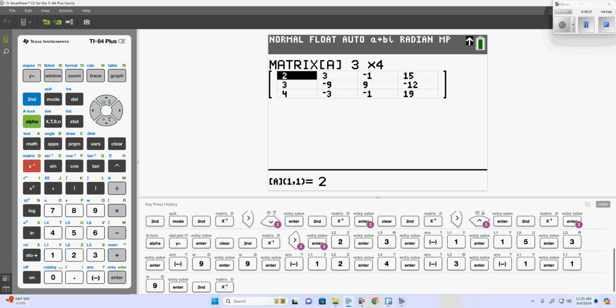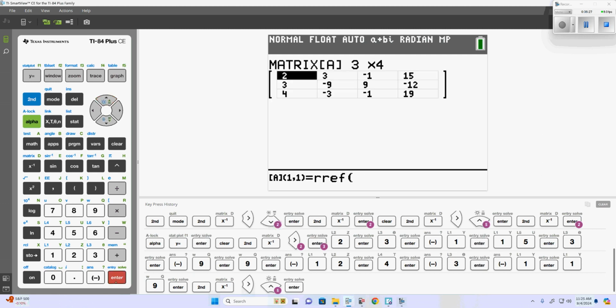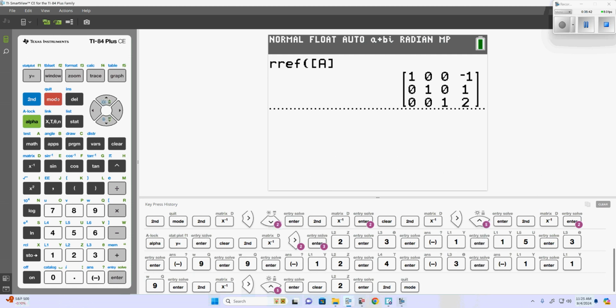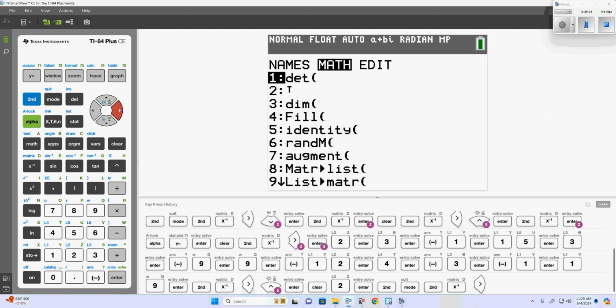If I go second matrix math, I find RREF and hit enter, it's trying to put it into the matrix because we could put operations and different things in there for those spots, but that's not what we want. We still need that to be 2. So we have to go second quit to get out of the edit process. Our next step is second matrix, over to math.